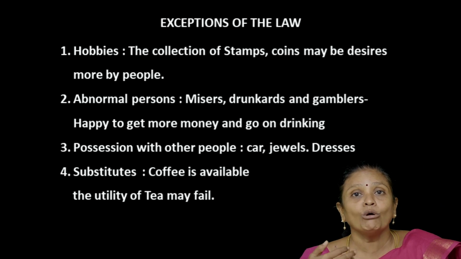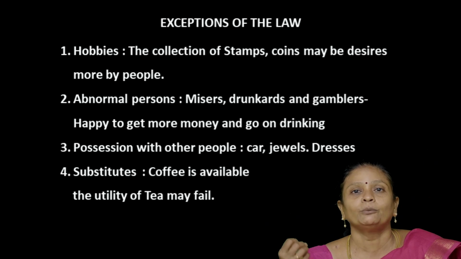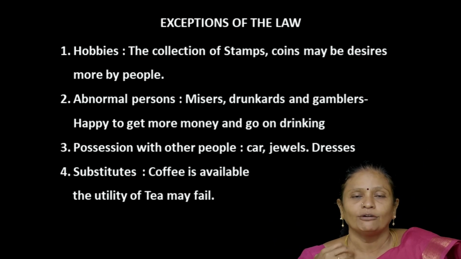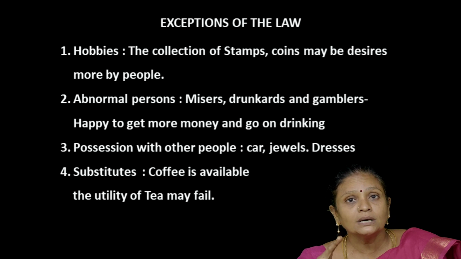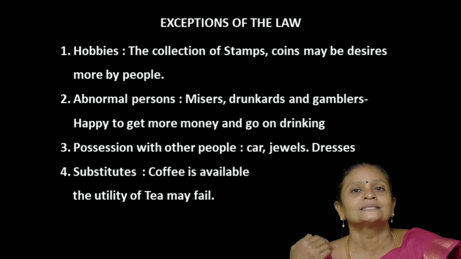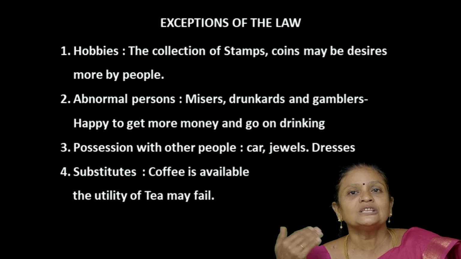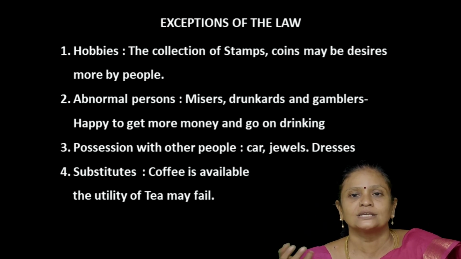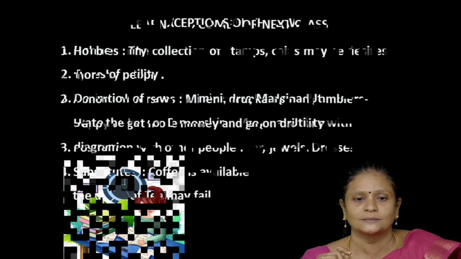They buy more and more products because of the possessions of other people, like neighbors. The fourth one is substitute. Substitute means if coffee is available, the utility of tea may fall. So when one commodity's price is higher, a person immediately changes his taste and preferences to another one, that is a substitute.